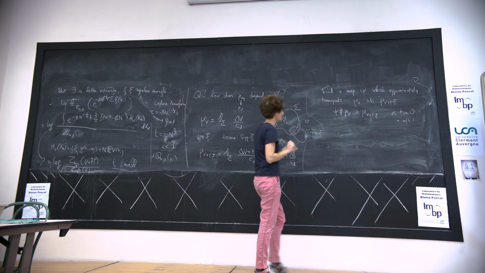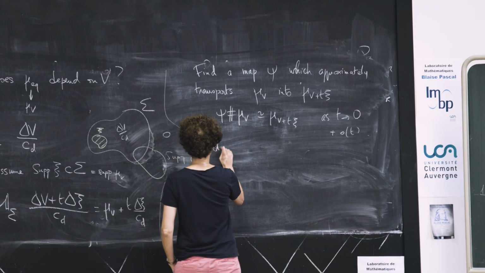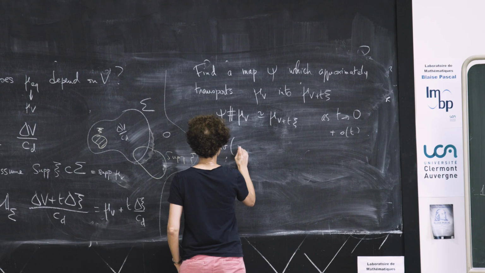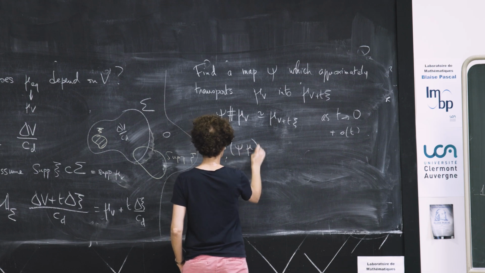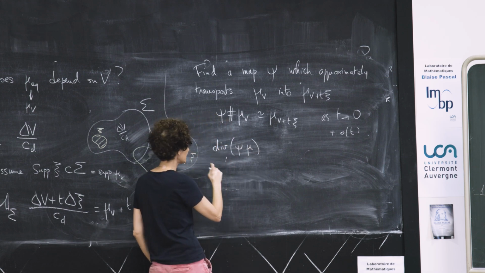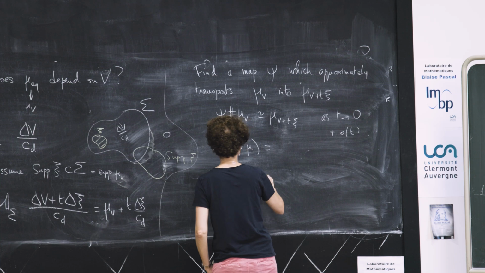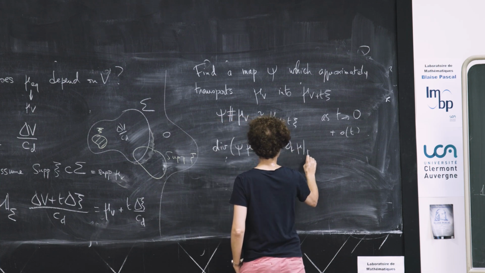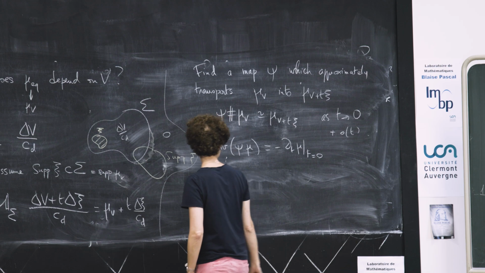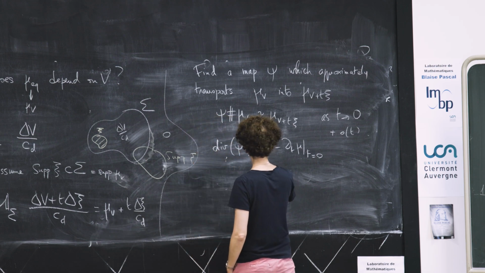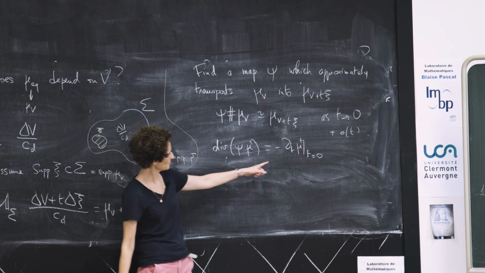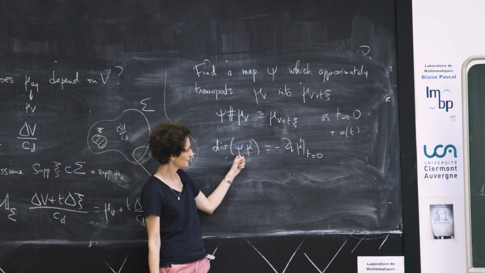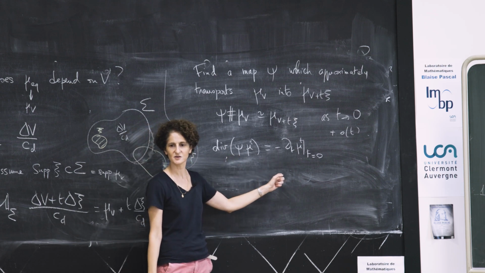Another way to think of it is, I want to find a psi such that div of psi mu, in the sense of my continuity equation the other day, is equal to minus dt mu at t equals 0. So this mu depends on t now. Right, that's the continuity equation. You're pushing in the direction psi, and that's actually the same as the linearization of Monge-Ampère.